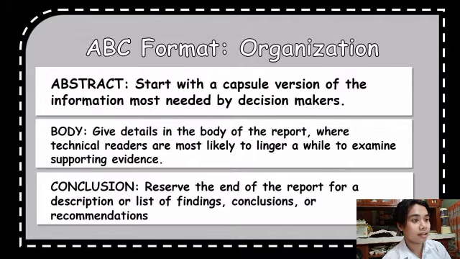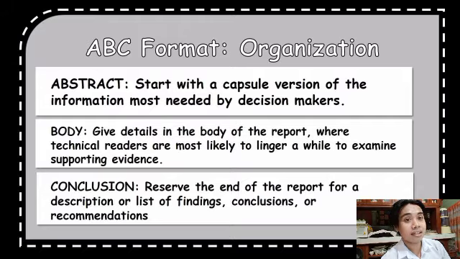After you do the abstract, you do the body. The body gives details where technical readers are most likely to linger while they examine supporting evidence. The body is like the content of your report.